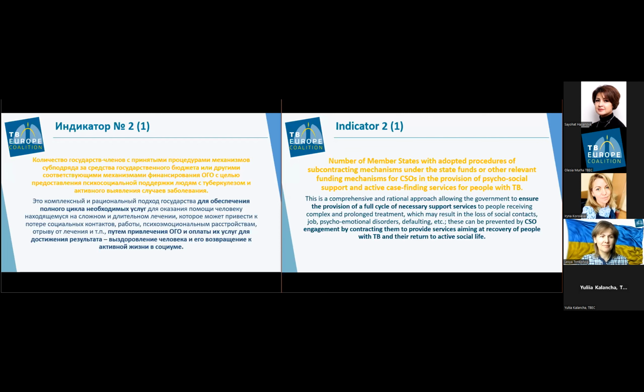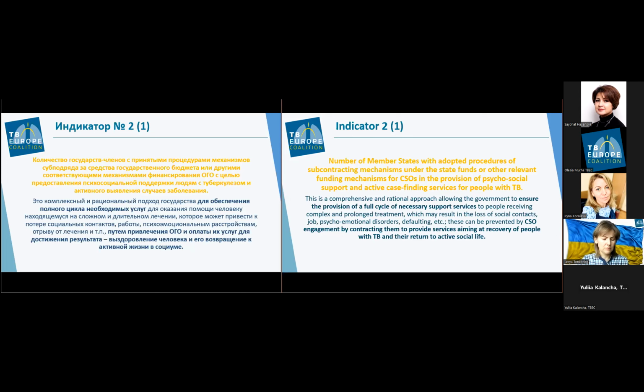Indicator number 2 reads like this: number of member states with adopted procedures of subcontracting mechanisms under the state funds or other relevant funding mechanisms for CSO in the provision of psychosocial support and active case funding services for people with TB.